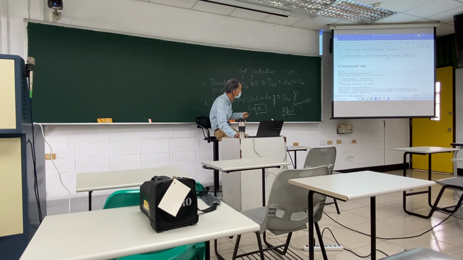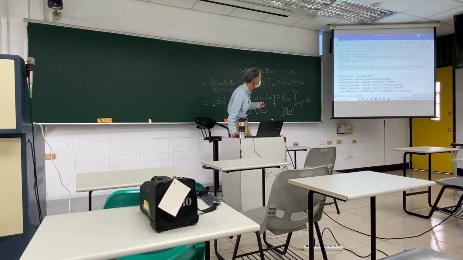And then this is for the decoder. For the decoder, you use transpose convolution. Remember we talked about the transpose, we can upsample with it. Without using upsample, you simply go for the transpose convolution.